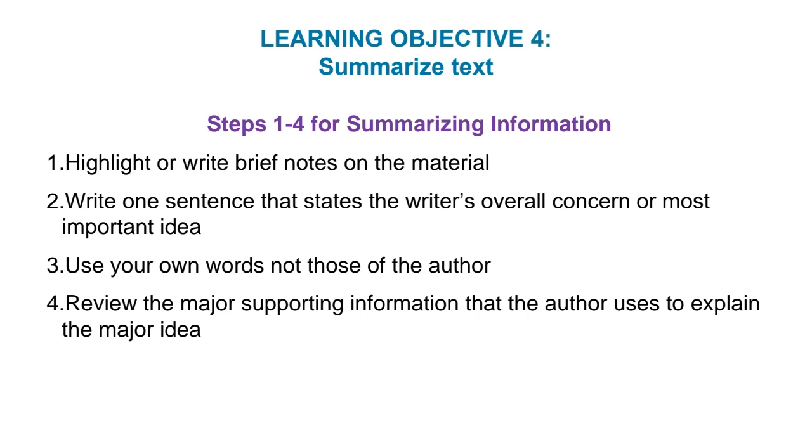Then you want to write a main idea statement. And it says here, write one sentence that states the writer's overall concern or most important idea, or the main idea. Next, use your own words, not the author's. That's very much the same as paraphrasing, right? That component. Then you want to review the major supporting information that the author uses to explain that major idea.